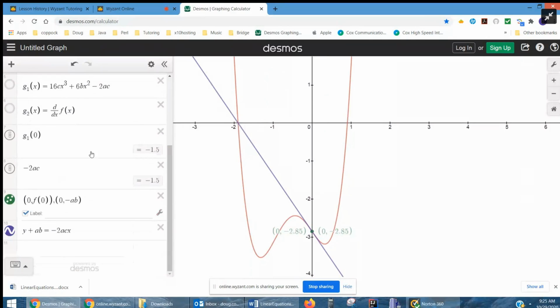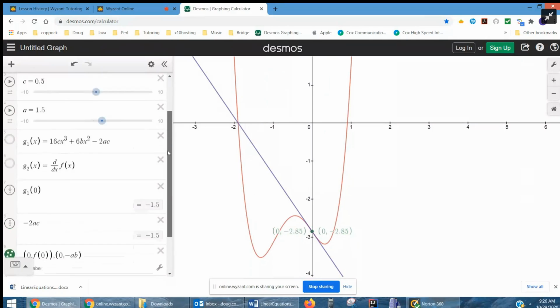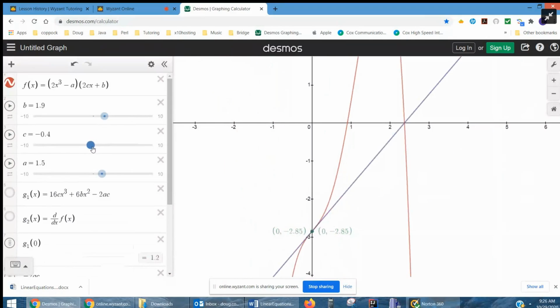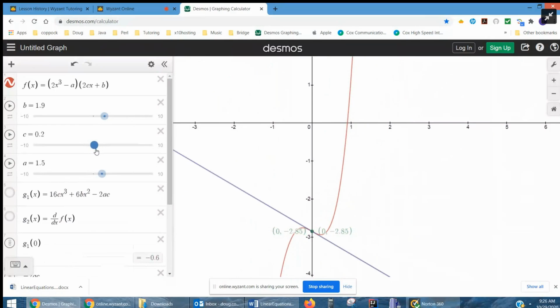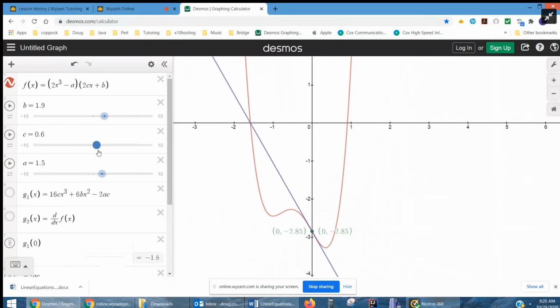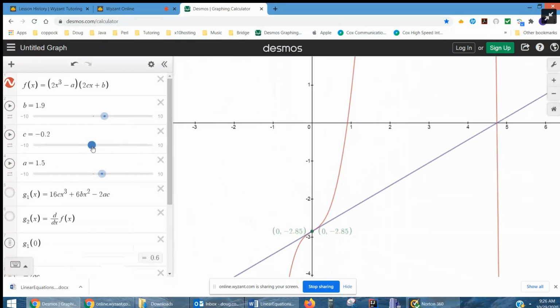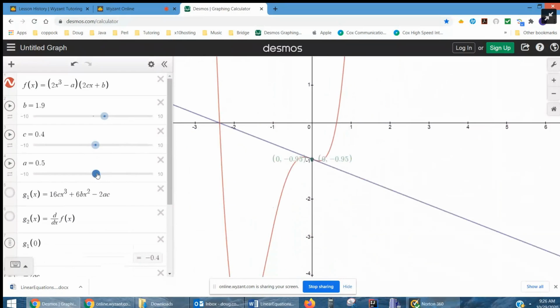The point of tangency is 0, f of 0, or 0, minus ab. They're the same point. And if I change the values of a, b, and c, that'll change the way the original graph looks, but I still get that tangent line at 0. Of course, I can change the values of c and a also.